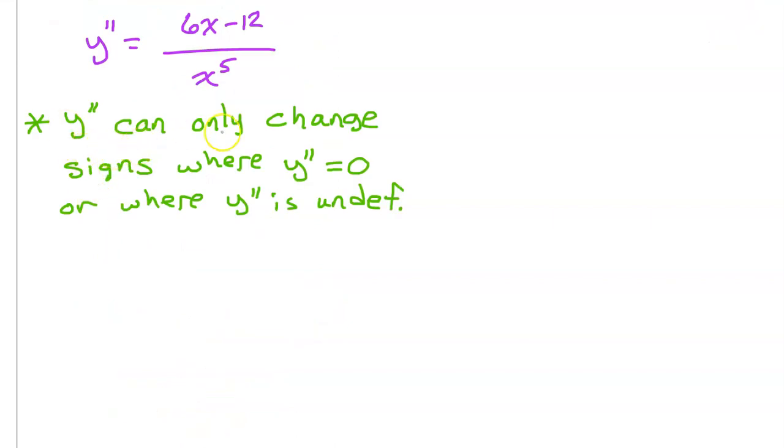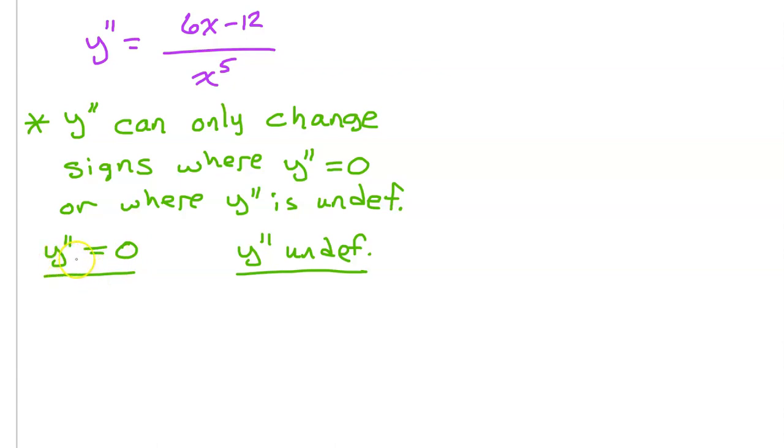Y double prime can only change signs where y double prime is equal to 0 or where it is undefined. So, where is y double prime equal to 0 and where is y double prime undefined? Y double prime is this fraction right here. A fraction will only equal 0 when the numerator is equal to 0.